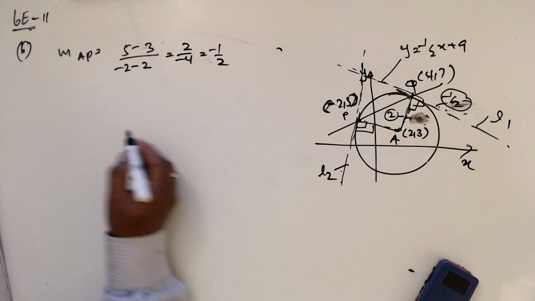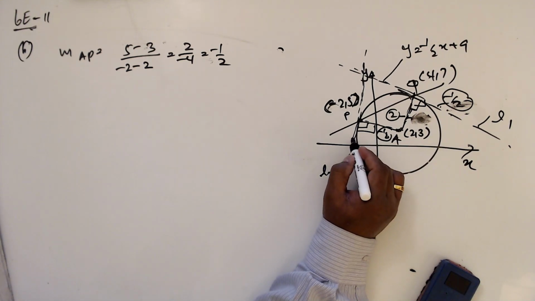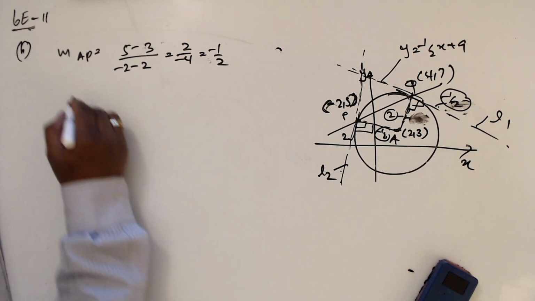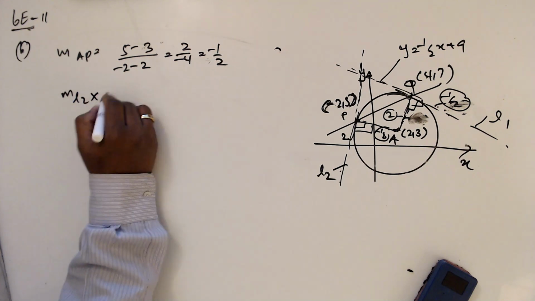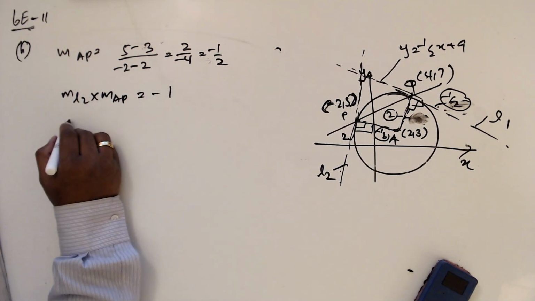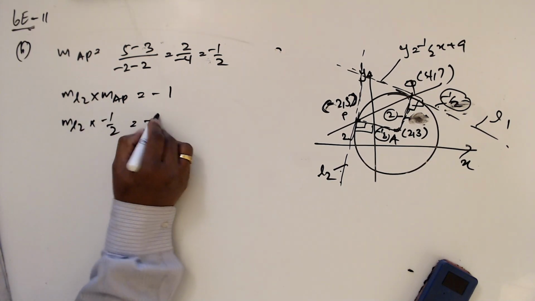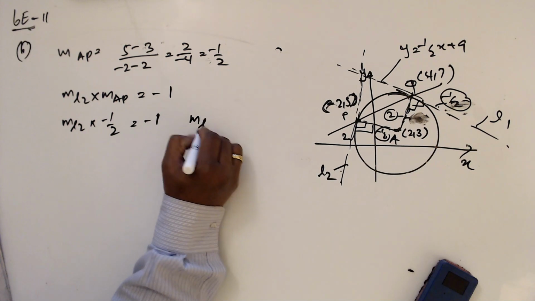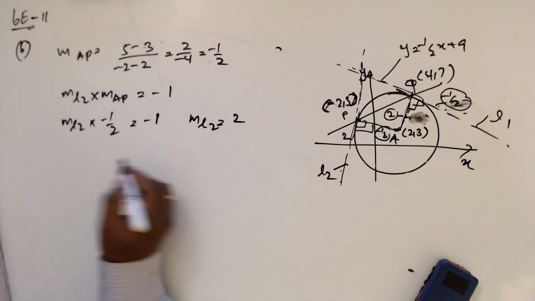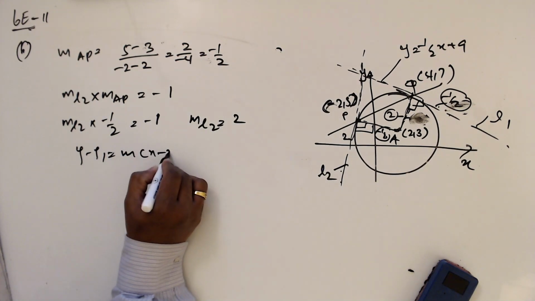Then we'll show that ML2 times MAP equal minus 1. ML2 times minus half is minus 1. So ML2 equal 2.